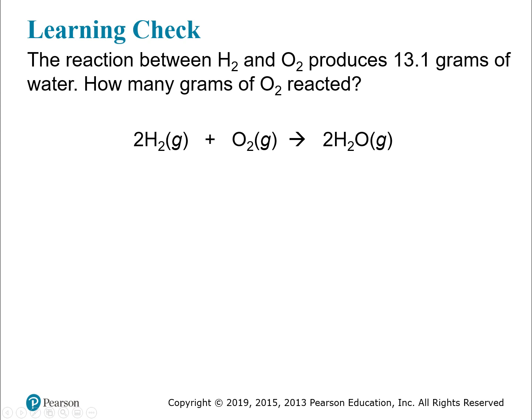I'll start writing out the question and setting up the problem. We've got 13.1 grams of water. We need to know how many grams of oxygen gas reacted.